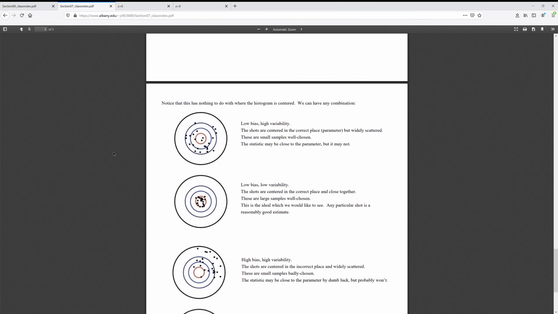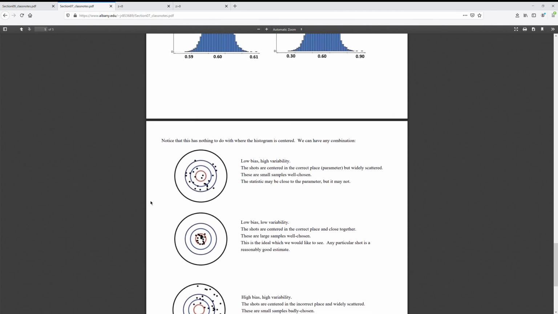So, ignoring the bias issues, looking at these, if your statistic has a very high standard deviation, then you might have this shot, or you might have this shot, or you might have this shot. You might be close to the target, or you might not. Or to put it another way, the target might be close to the shot you happen to have, or it might not.